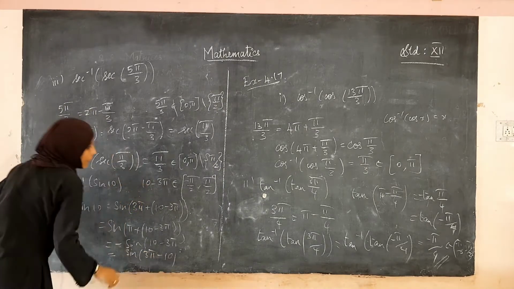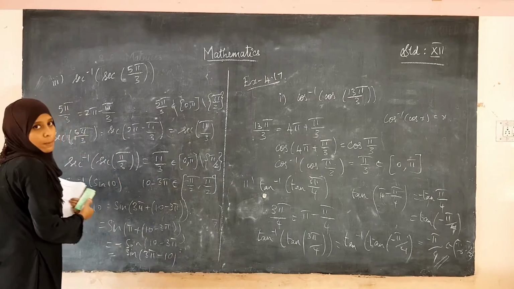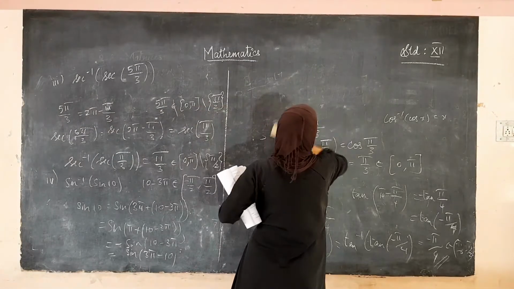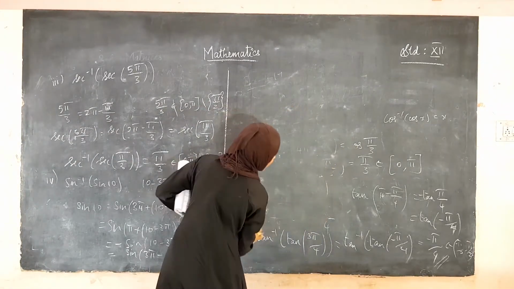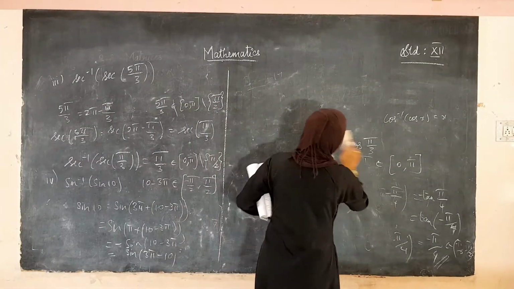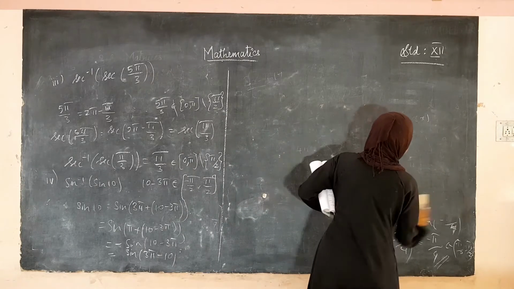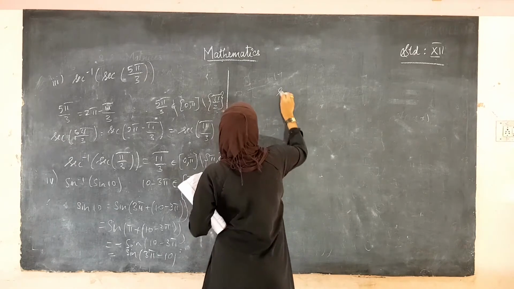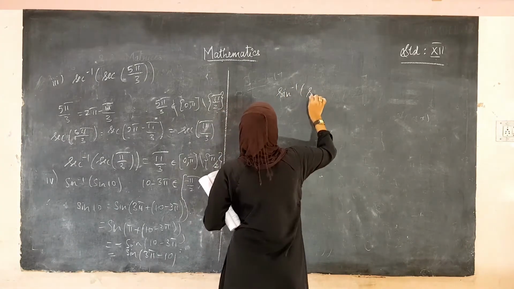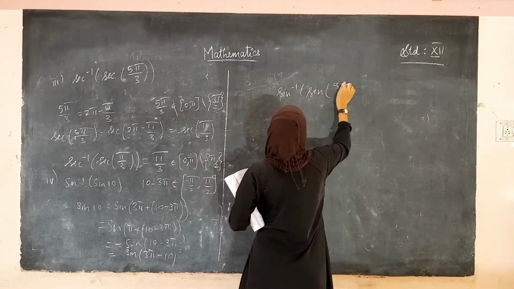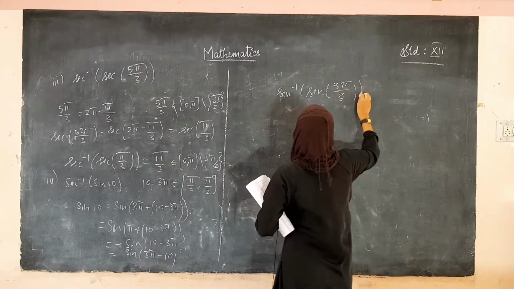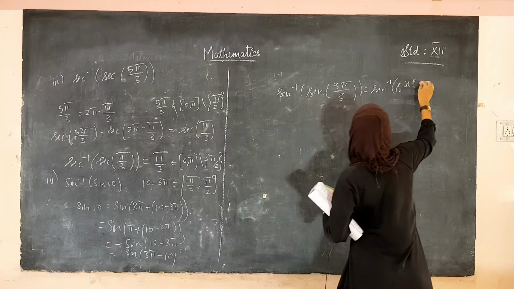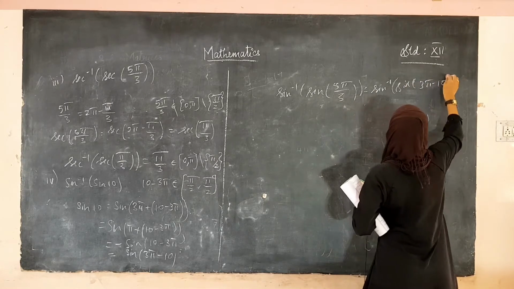We know that 3 pi minus 10 belongs to minus pi by 2 comma pi by 2. Therefore, using the property sine inverse of sine of x is equal to x, sine inverse of sine of 10 can be written as sine inverse of sine of 3 pi minus 10.